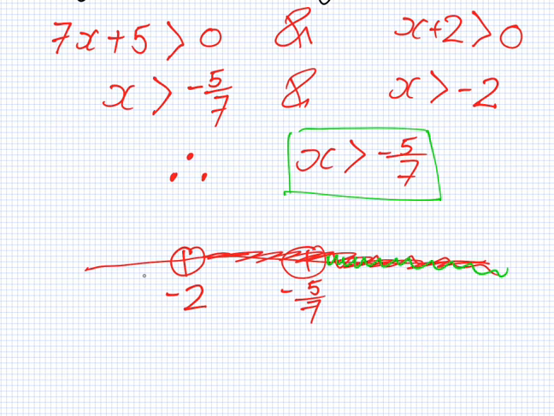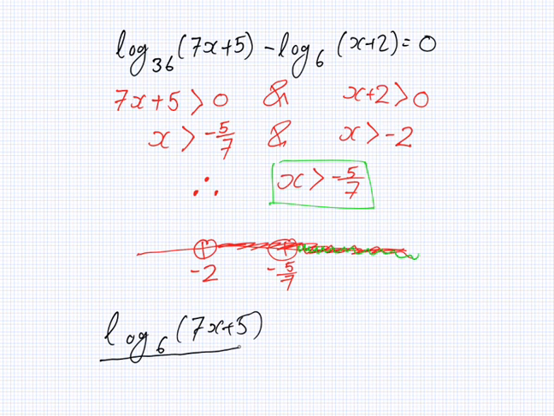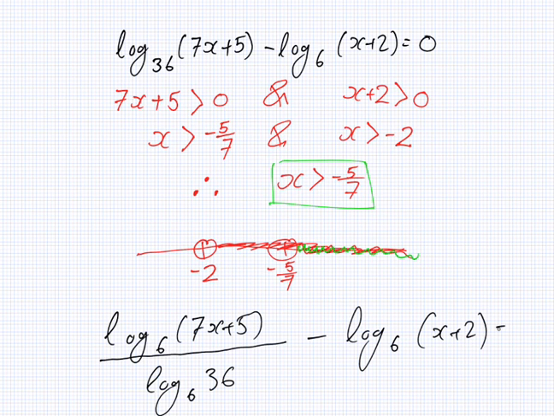So we have, well, what's the first problem with this? Different bases, yeah. So which base should we change? The 36 to 6. So we get log base 6 of (7x plus 5), all over log base 6 of 36, minus log base 6 of (x plus 2) equals 0.